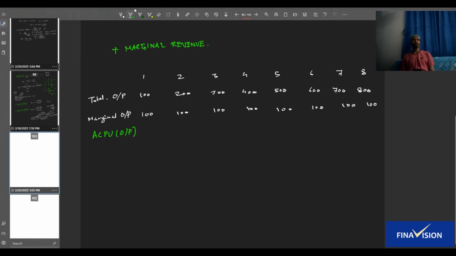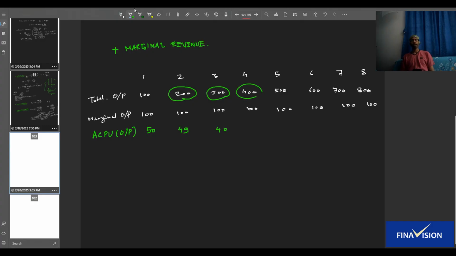So for option 1, let's say the average cost is $50 per unit. For option 2, that is an output of 200, the average cost is, let's say, 45. For option 3, that is 300 units, the average cost is, let's say, 40.